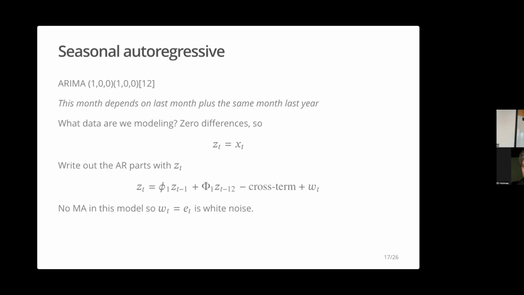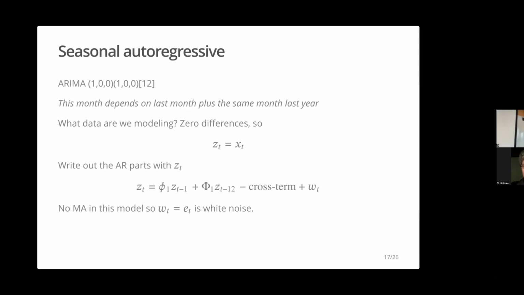Okay, but let's break it down. So that's non-seasonal. This is the seasonal part. Does it have any differencing? No, it does not have any differencing. That means we are modeling the raw data, the data as they are. And we've got this. So it's saying this month depends on last month.